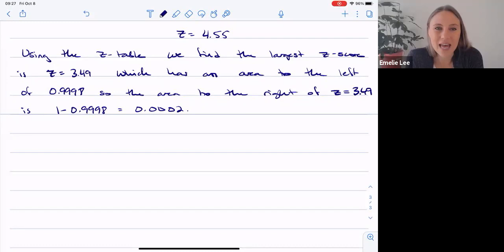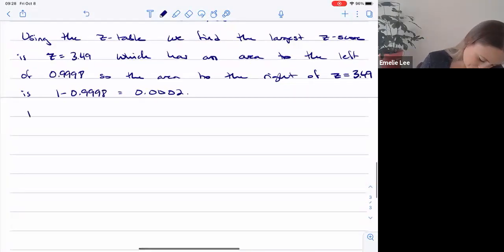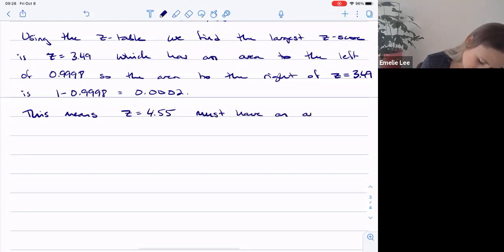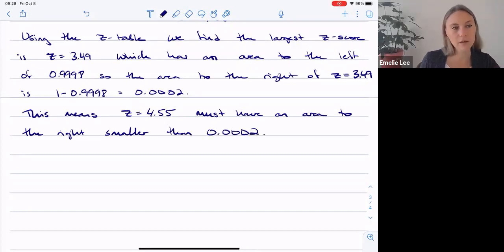This means that Z equal to 4.55 must have an area to the right smaller than 0.0002, right?